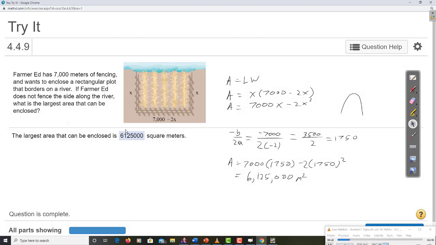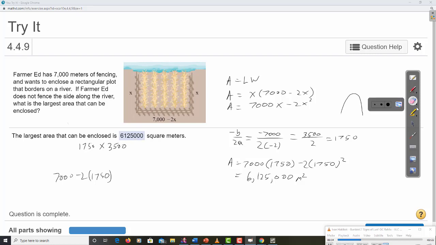So, I mean, that's not terribly difficult. The width of the rectangle is 1750. The length would be 7,000 minus 2 times 1750, which is 7,000 minus 3,500. So it's 1750 by 3,500 are the dimensions of the rectangle.